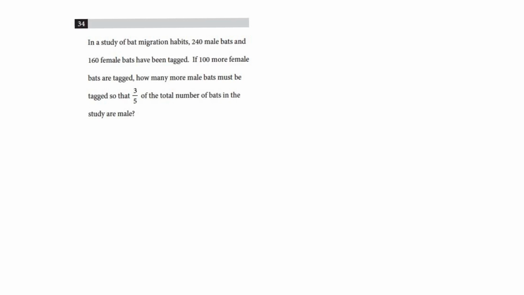Okay, so currently there are 240 male bats and 160 female bats. So there's currently 400 bats tagged. Now 100 more female bats are going to be tagged, so that'll be a total of 500. There will be 500 bats, okay?